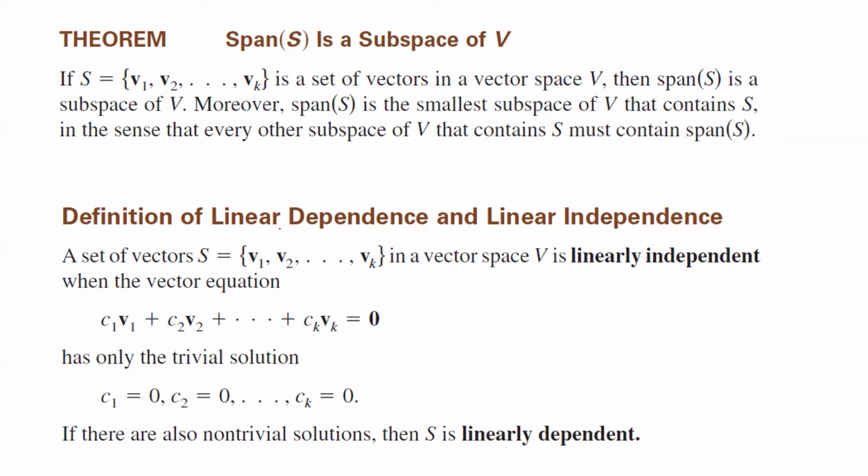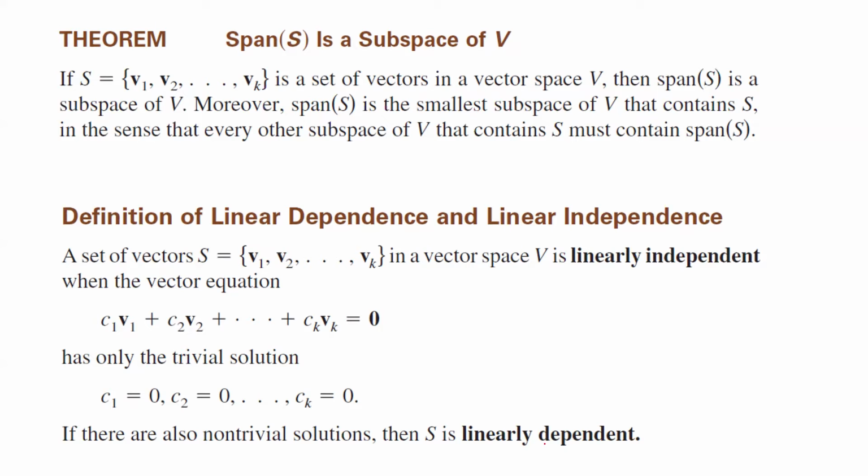Now, the definition of linear dependence and linear independence. A set of vectors like S, including V1, V2, V3, Vk, in a vector space V is linearly independent if, when you write the linear combination and set it equal to 0, you only have the trivial solution. What is the trivial solution? The C values, the Ci's, must all be equal to 0.